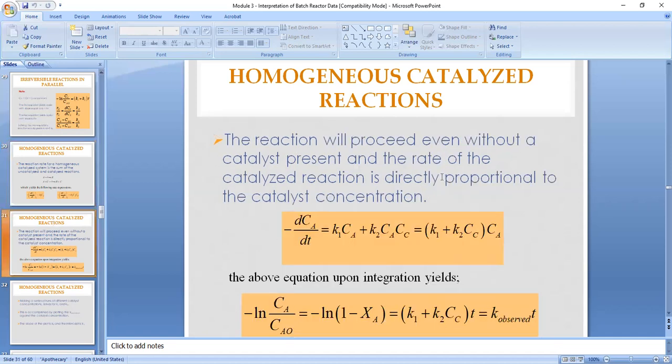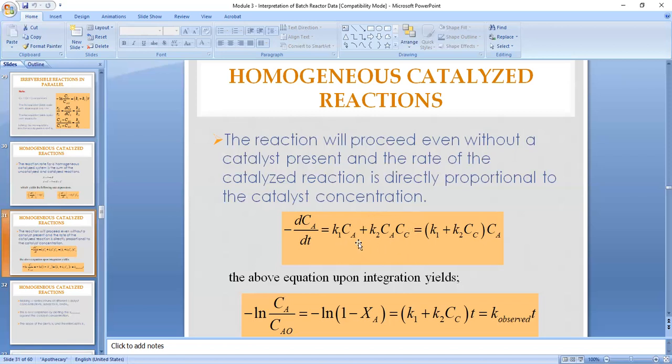But when we write the equation for this homogeneous catalyzed reaction, we have to consider both the uncatalyzed and the catalyzed reaction. So it's just like you're writing the net rate equation, though you only have one reaction, but this time you consider the one which does not have the catalyst and the one that has the catalyst.